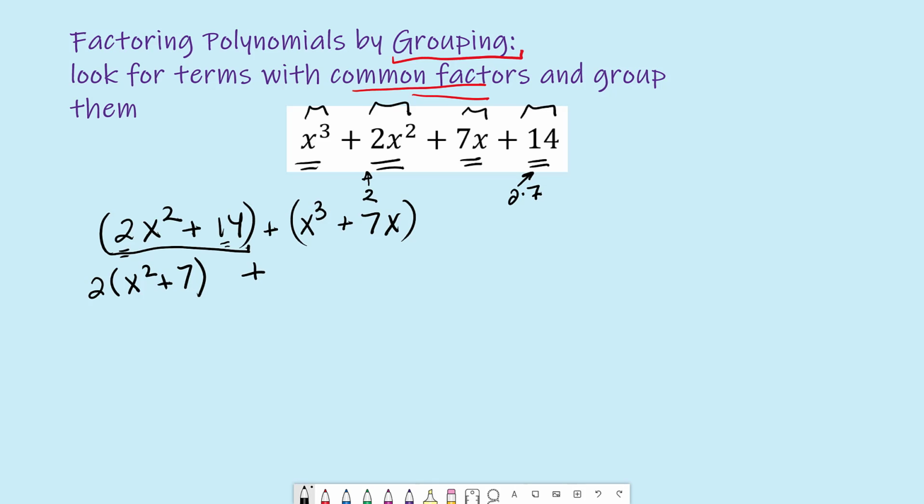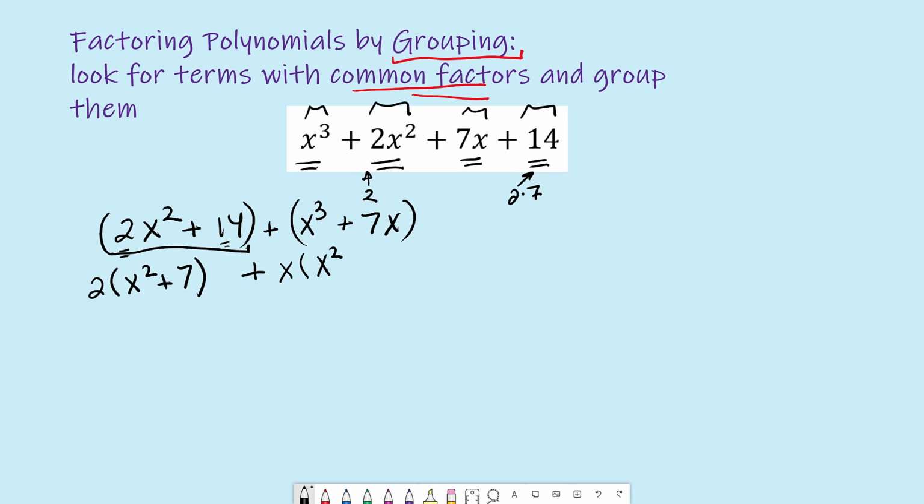Now we have our second term, and here too it looks like we have a common factor. What is it? Well, here it's a little more confusing. It's not the number 7, obviously, but we can take a common factor x from both the terms inside the parentheses. If we do that, we have x outside the parentheses times x squared, right?